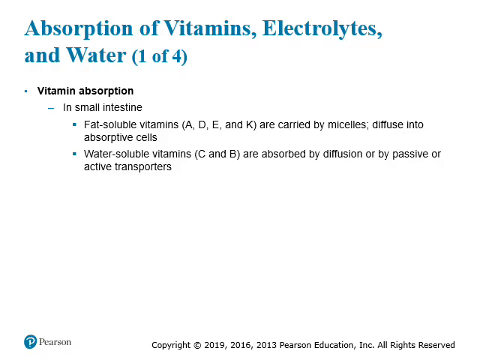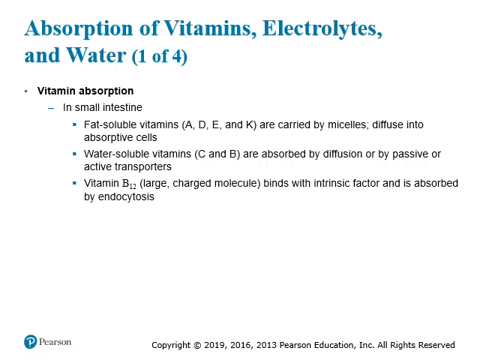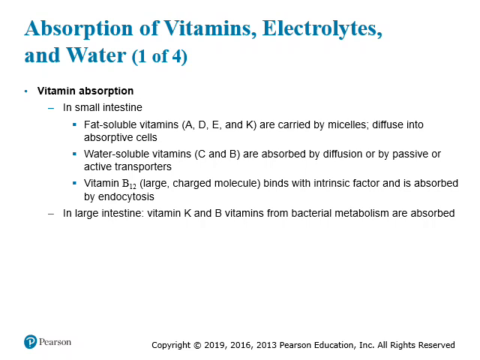Water-soluble vitamins, on the other hand, are absorbed by diffusion or by passive or active transporters. Vitamin B12, which is a large and charged molecule, binds with intrinsic factor. That's why you need intrinsic factor, which is produced by the parietal cells of the stomach, and it is absorbed by endocytosis. That's vitamin B12.